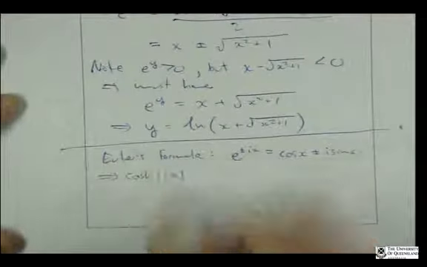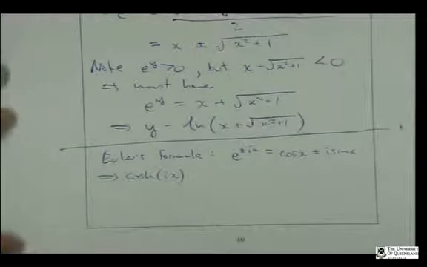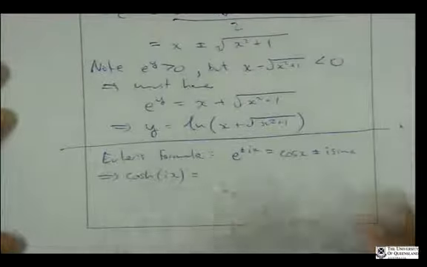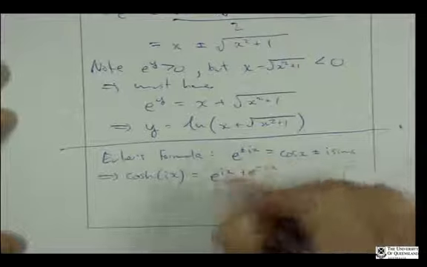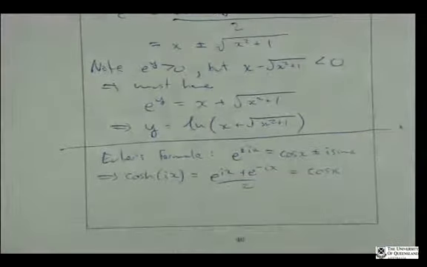So what if we now allow imaginary or complex values to be input into these hyperbolic functions? For instance, if we take cosh of ix, with i the imaginary unit, we have e to the ix plus e to the negative ix over 2. That actually simplifies to cos x. So now, allowing for complex numbers, we have this direct relationship between the trig functions and the hyperbolic functions.